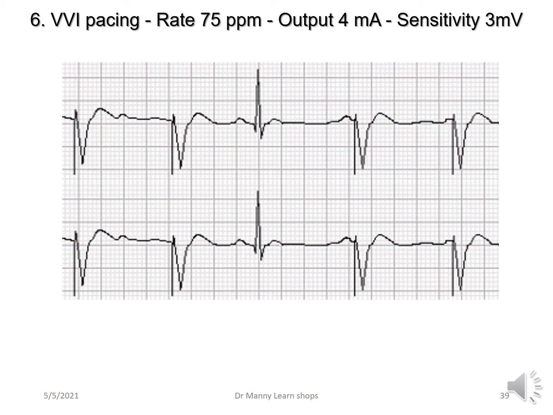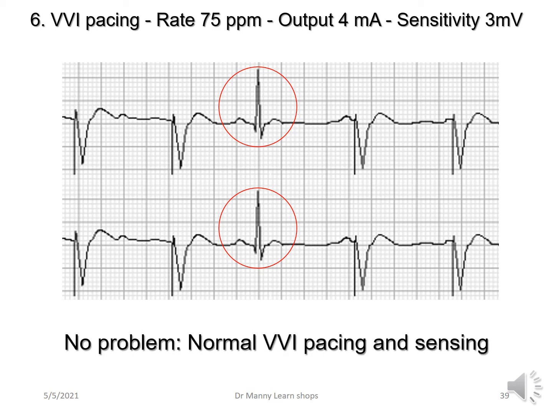We're still in VVI pacing, still at a rate of about 75 pulsations per minute, but we have this beat here, and we have this beat here, which is the inherent beat of the patient. Is there a problem? There's no problem at all. This is normal VVI pacing and sensing.